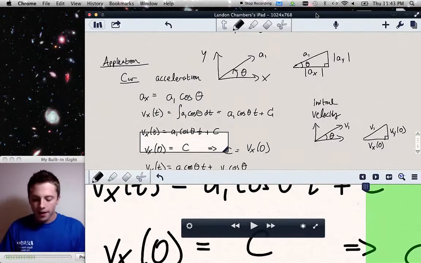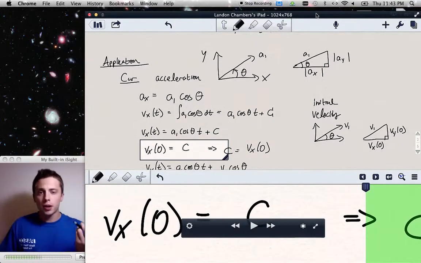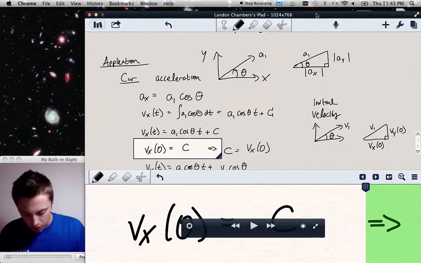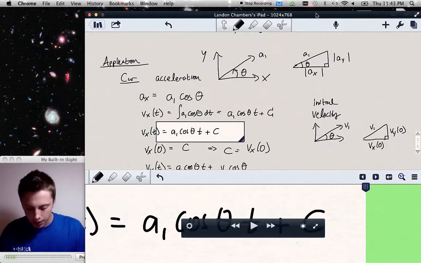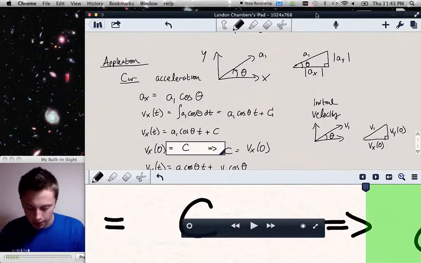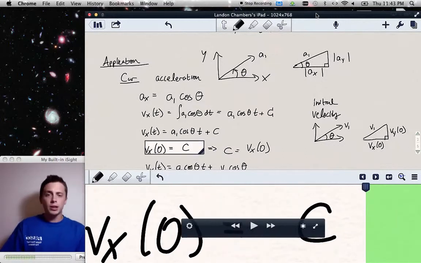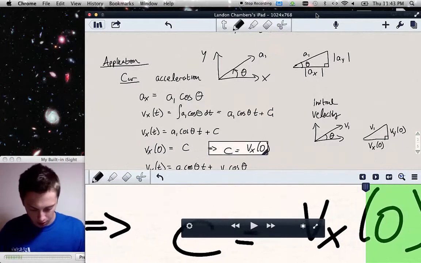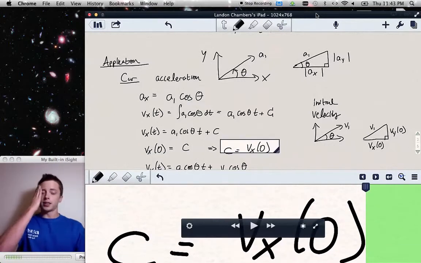All right, and then the trick is to evaluate the function at the time 0. Vx evaluated at the time 0 is equal to, so plug in a 0 for t here, 0 for that t, and we get 0 plus c. Now just read this equation from right to left. C is equal to Vx at 0.